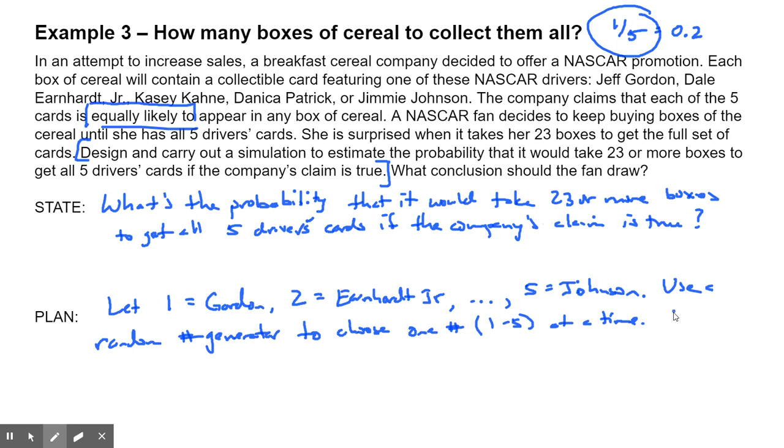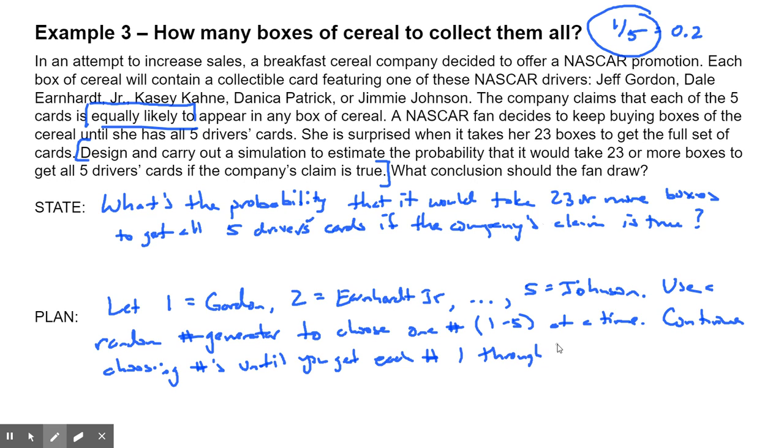So we need to continue this process. Continue choosing numbers one at a time, until you get each number 1 through 5 at least once.